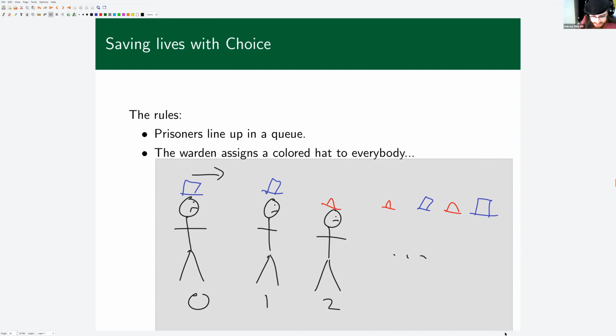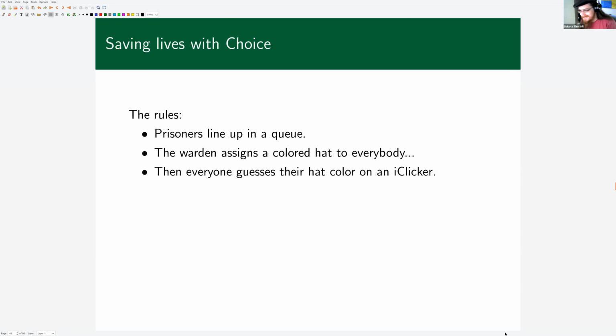And then everyone guesses. Way back in the day, I had to come up with some convoluted rules, like everyone says what their hat is, but they're deaf and can't hear the other answers. And then I did a Google and I saw that Clemson also uses eye clickers, so I could just say everyone guesses their hat color on an eye clicker, right?